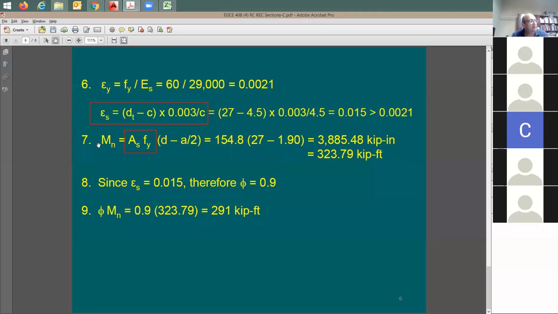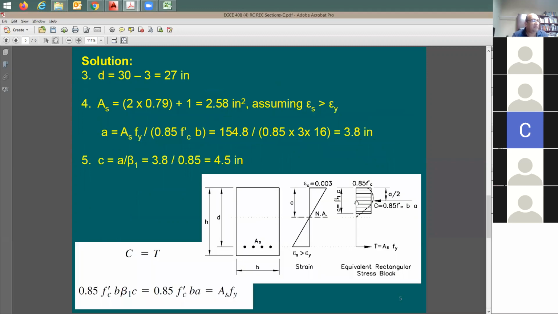This one? Number 7? Yeah. And is this equation from also using similar triangles? This one? No, this one here, the moment, I'm going to go back here. The internal moment within the beam is going to be equal to tension or compression multiplied by the distance from here to there, right? Which is the Z value. You remember the distance from C to T?